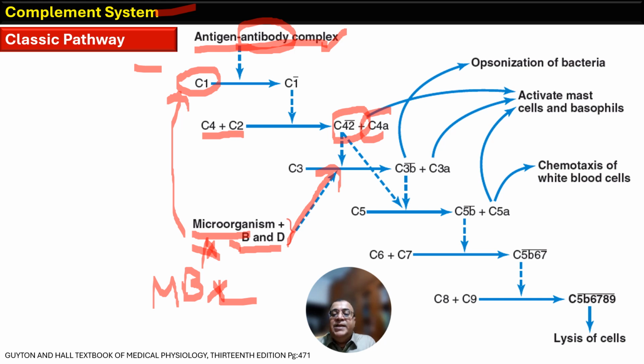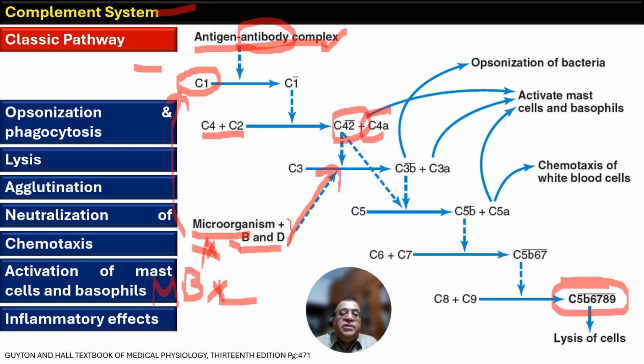C3b then divides C5 into B and A components. Activated C5b then adds with C6, 7, 8, 9. So it makes a major complex, C5b, 6, 7, 8, 9, and it is responsible for many of the actions.